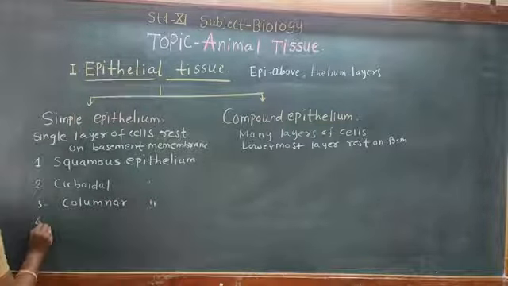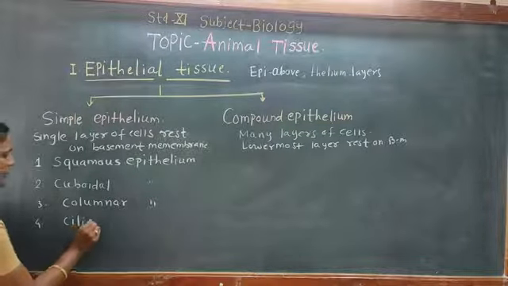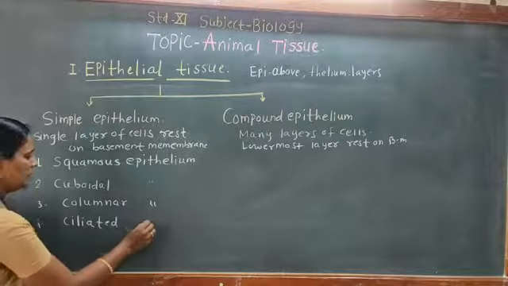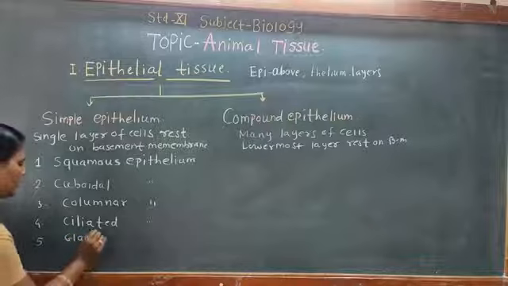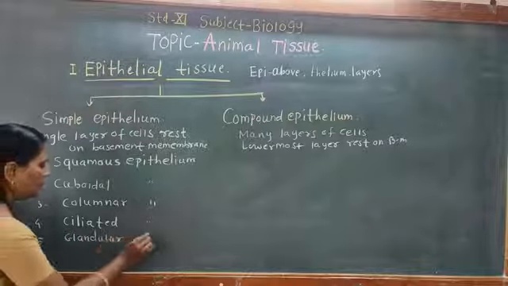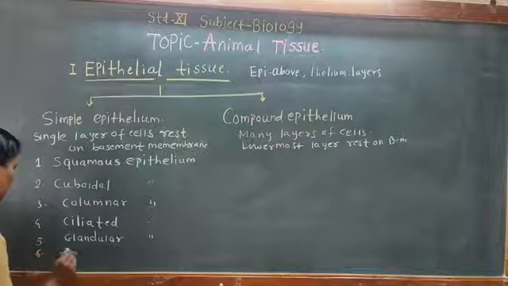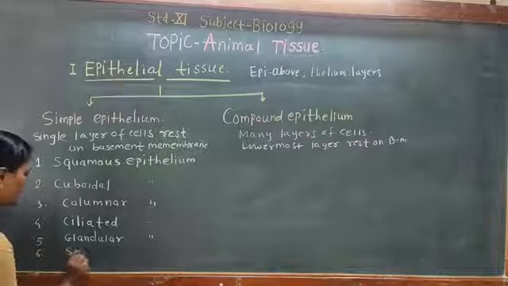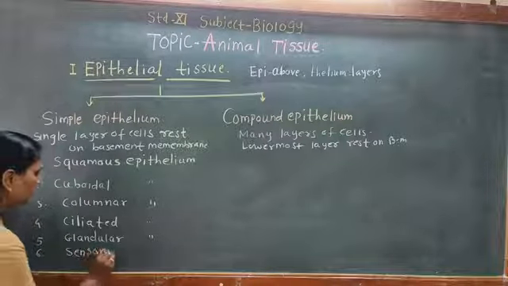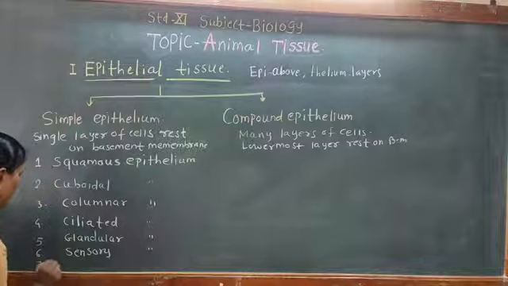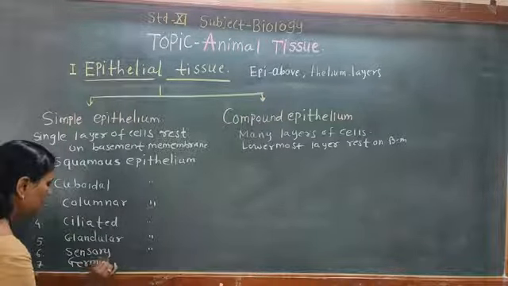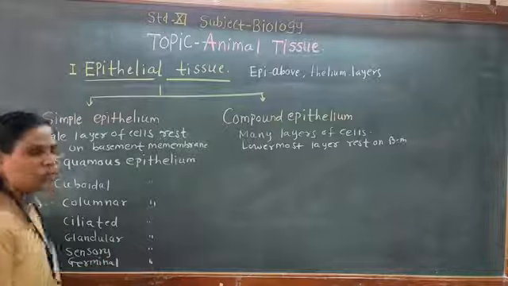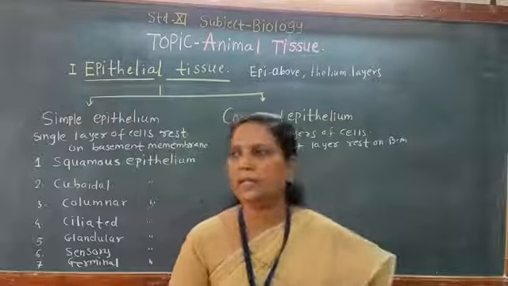Then next is ciliated epithelium. Next is glandular epithelium. Sixth is sensory epithelium. And last one, that is the germinal epithelium. So which are the 7 types of simple epithelium?